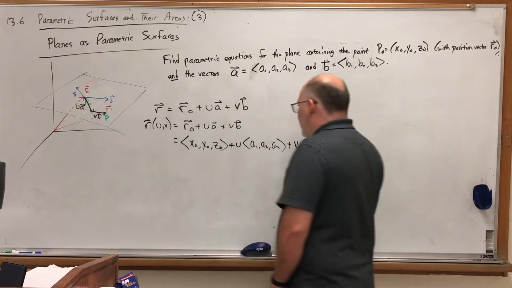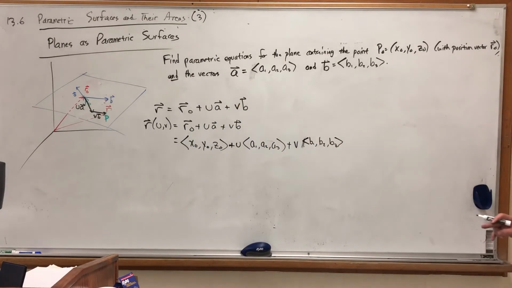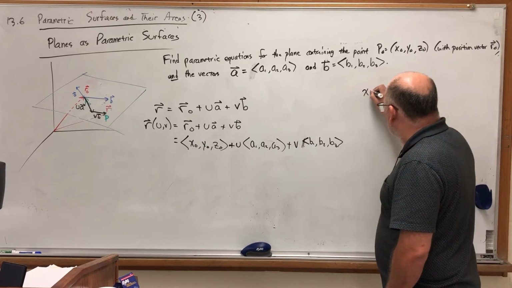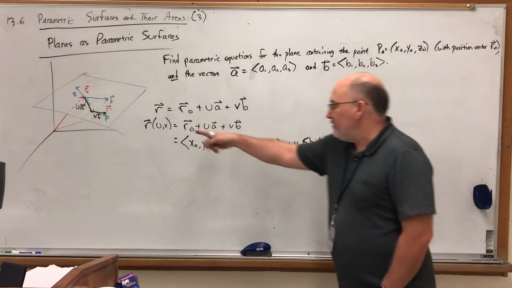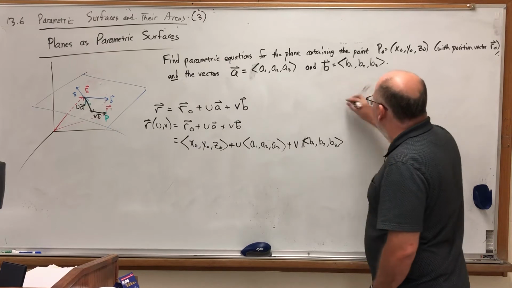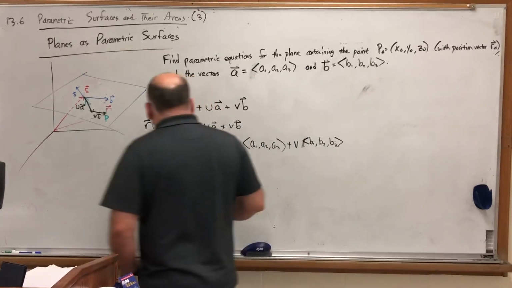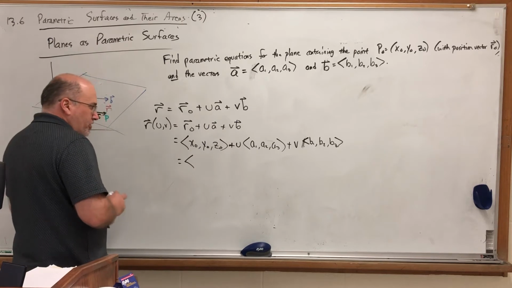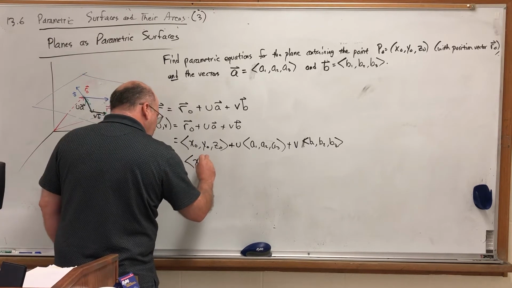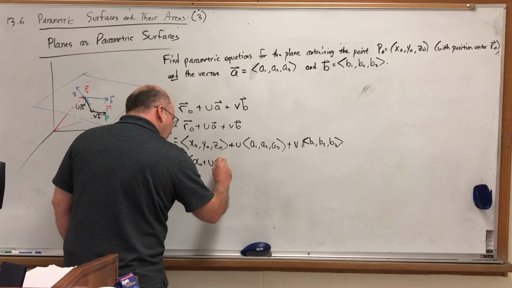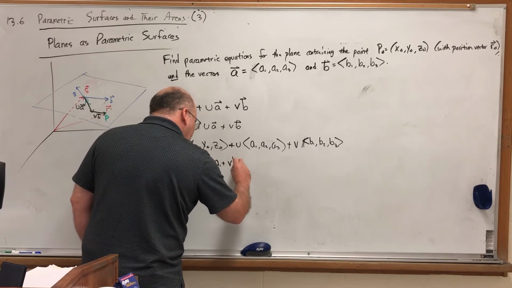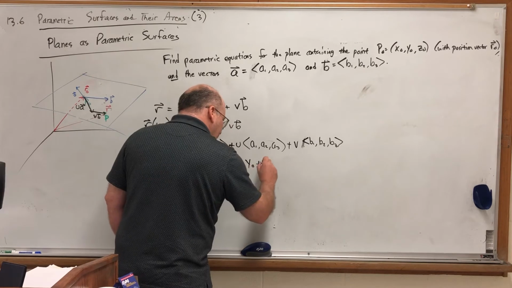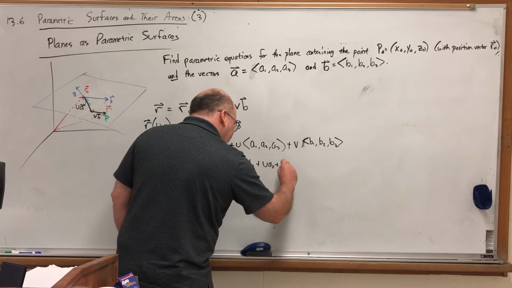So we can combine all these vectors and equate components. That means our x component for R of U, V, we can write here. Our x function would be x naught plus U times A1 plus V times B1. Our second component would be y naught plus U times A2 plus V times B2.